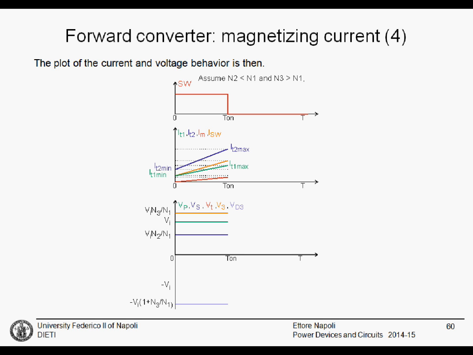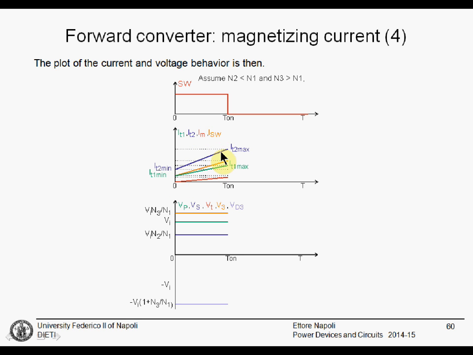We do expect this more or less, because if N2 is smaller than N1, we are stepping down the voltage. This means that the output voltage is small. If the power balance must be kept and the efficiency is 100%, on the output we will have small voltage, large current, and the primary current must be smaller than the output current.